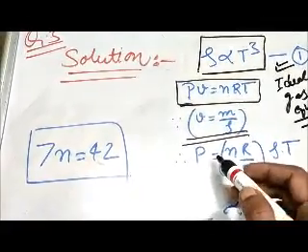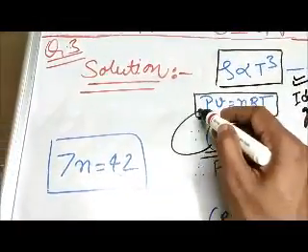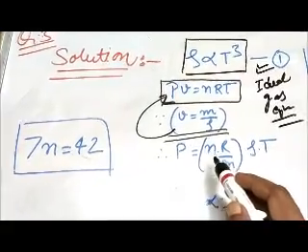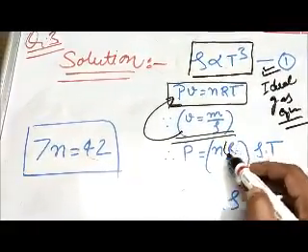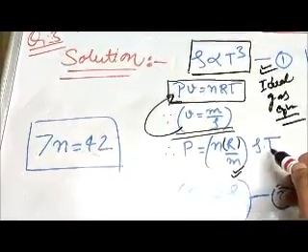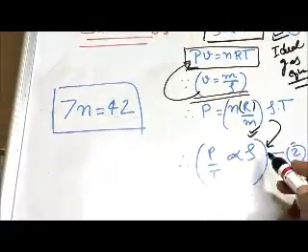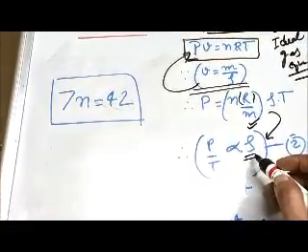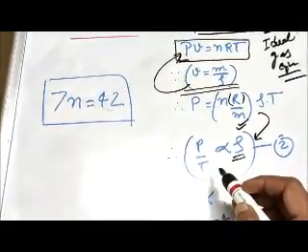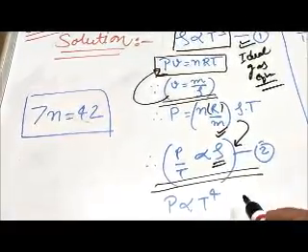So if we replace the volume of the gas in this equation, we will get this equation: pressure equal to mole into universal gas constant upon the mass of the gas into rho into T. So the proportionality we get from this equation will be the density of the gas is directly proportional to pressure and inversely proportional to the temperature. So this is the relation we can get from this equation.